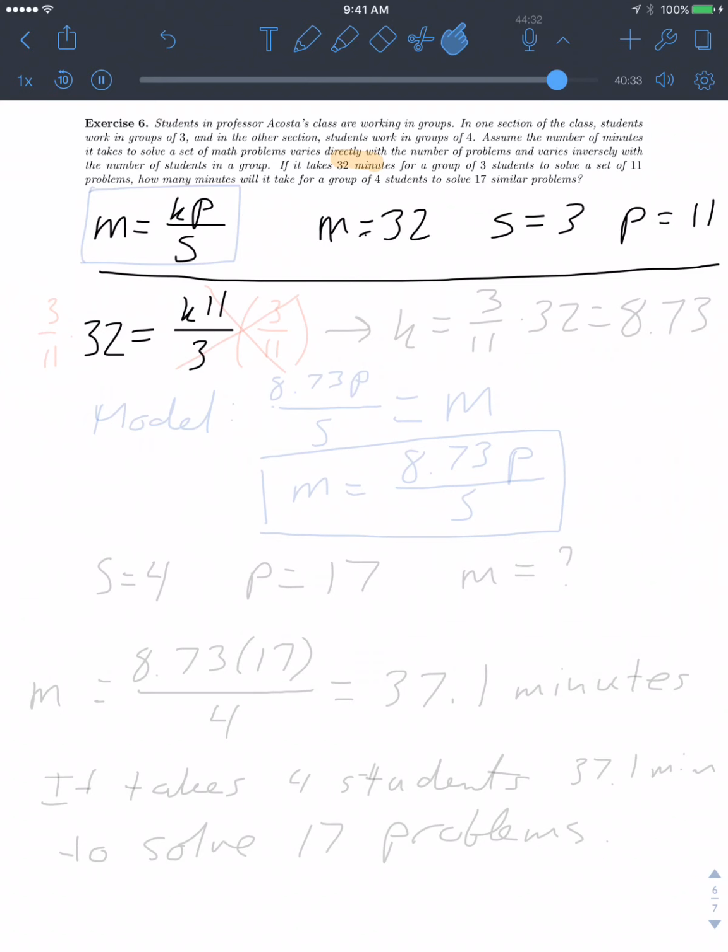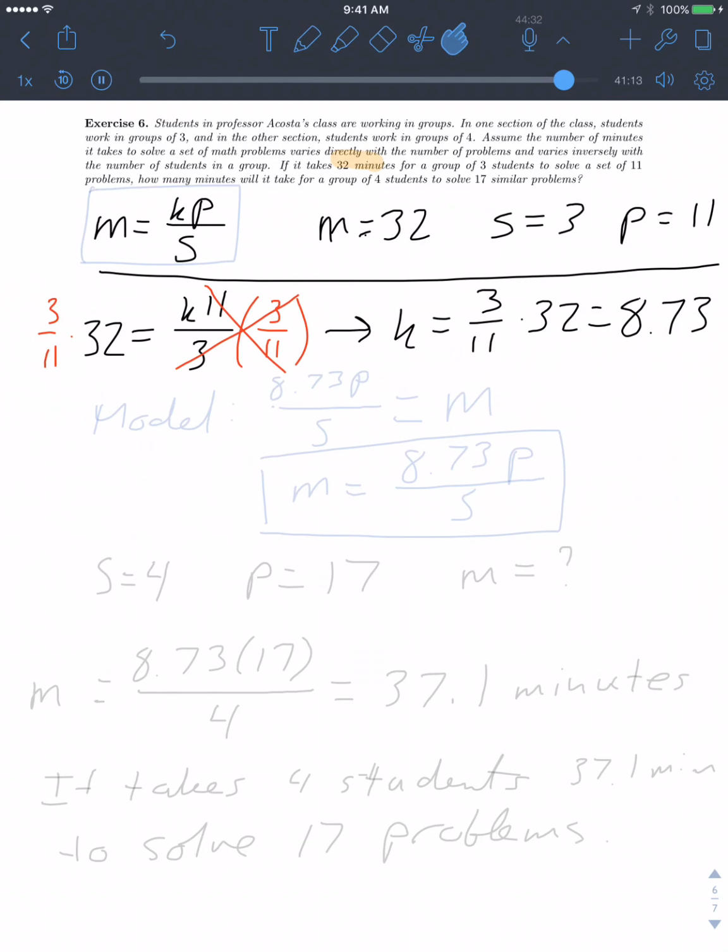Now, if we multiply both sides of our equation by the reciprocal, 3 over 11, we can cancel the 11 and the 3 and be left with k. So k is equal to 3 over 11 times 32, which is approximately 8.73. Okay, so our constant of variation we now know, which means we can set up our model.